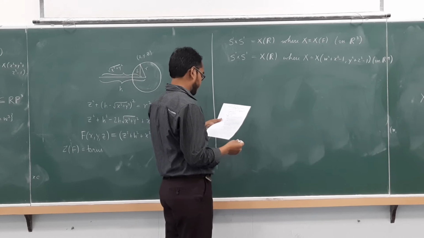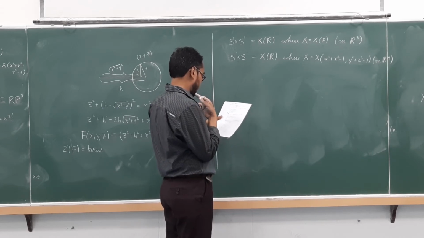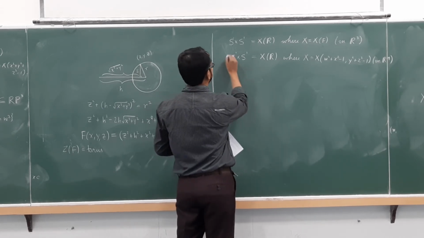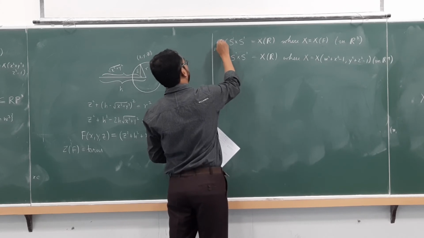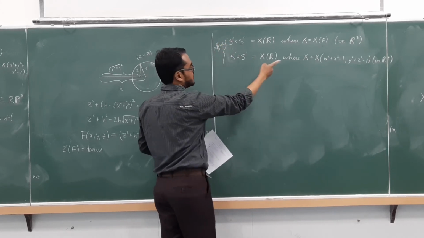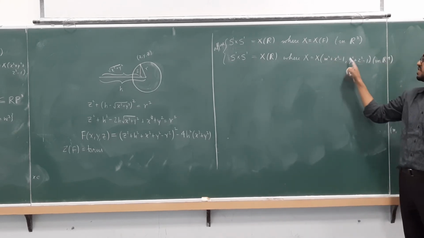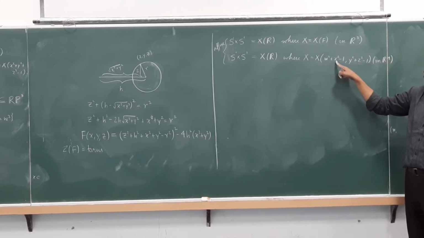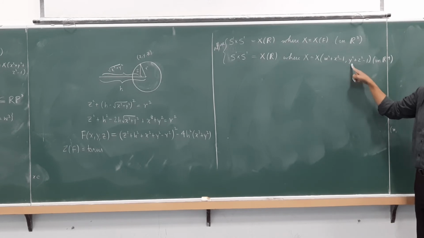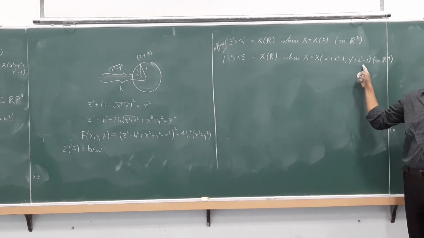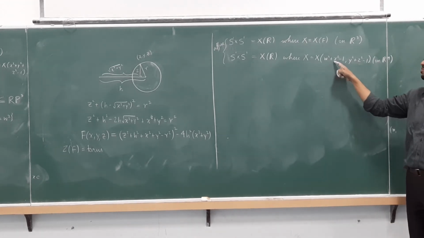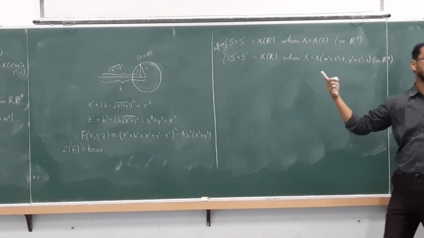Okay. Yes, so these are affine. If I want to projectivize this, what should I do? Well, I have to remember if I want to projectivize this object, I'll have to put w squared plus x squared minus u squared, y squared plus z squared minus u squared. Right? Because I have to homogenize both these polynomials.